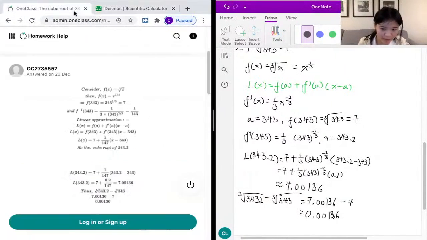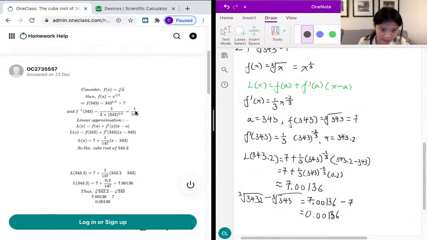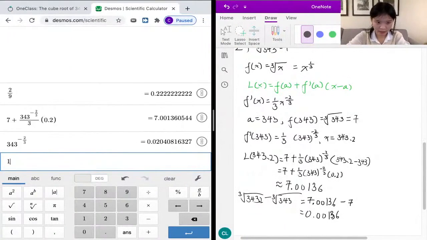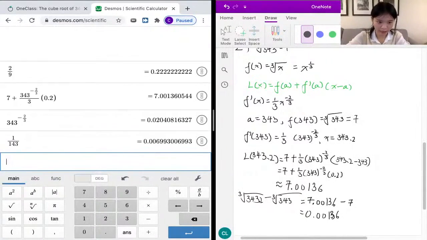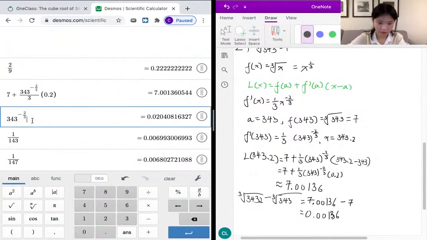Now let's look at their problem. Okay, now our final result is the same, but their problem here doesn't make sense because their values have changed between 1 over 143 to 1 over 147. Okay, so how do we verify that? Let's just use our calculator to verify the result. So it's negative 2 over 3, and then they said 1 over 143, and 1 over 147, into over 3.